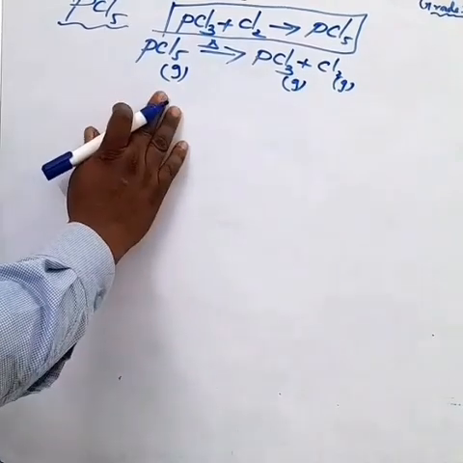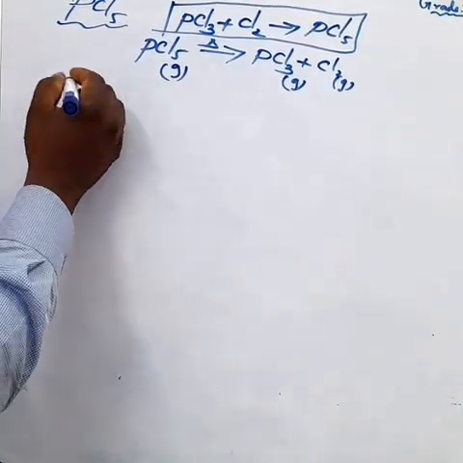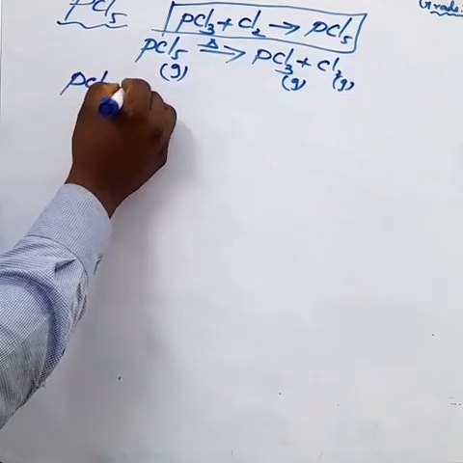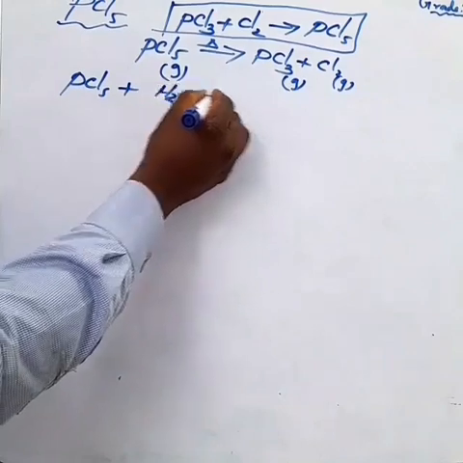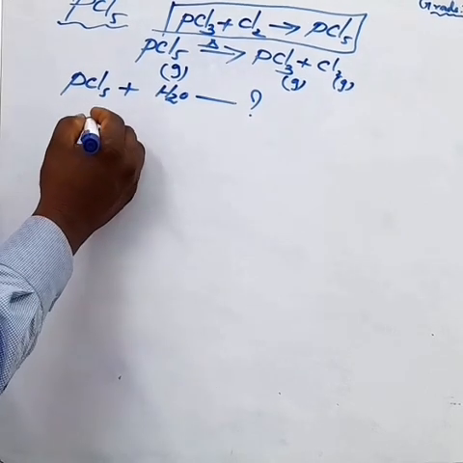Next, one of the important reactions. What happens when phosphorus pentachloride reacts with water? First we have to write PCl5.